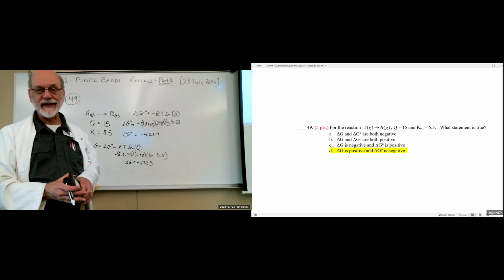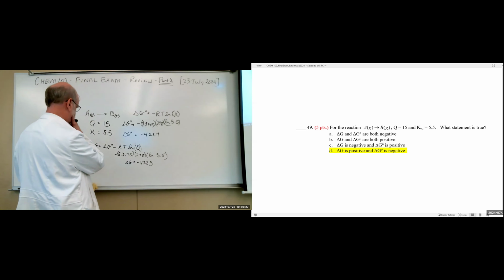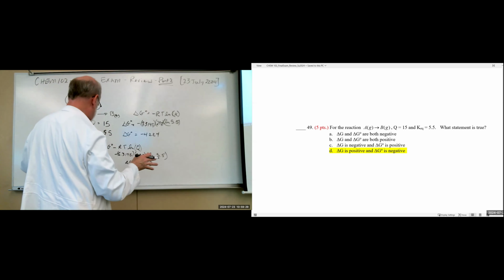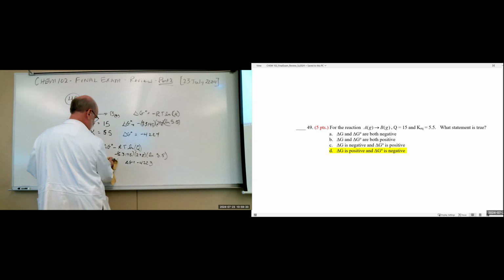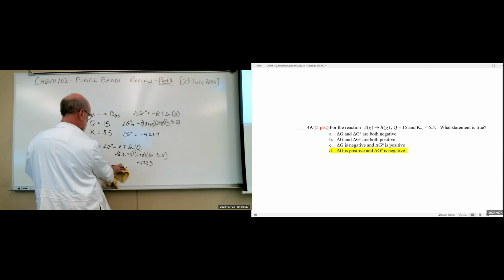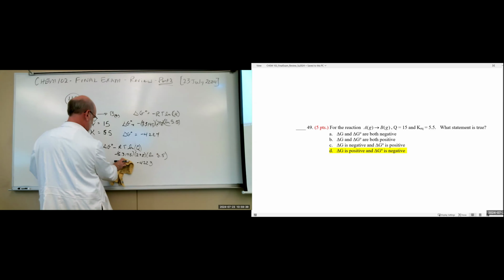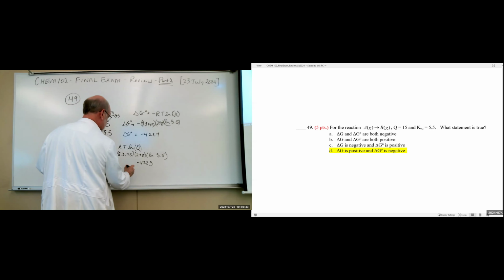Okay, they're both negative. Delta G is positive? Oh, excuse me. Then delta G is, this is a minus.